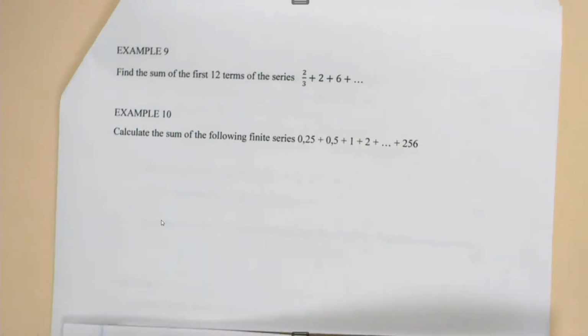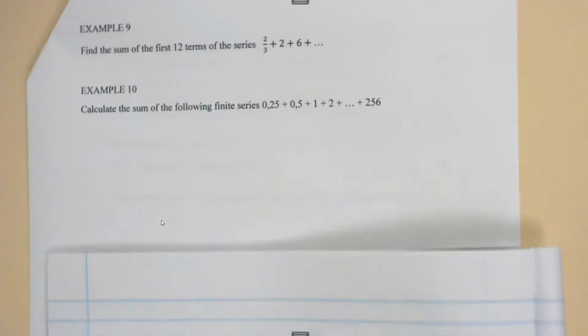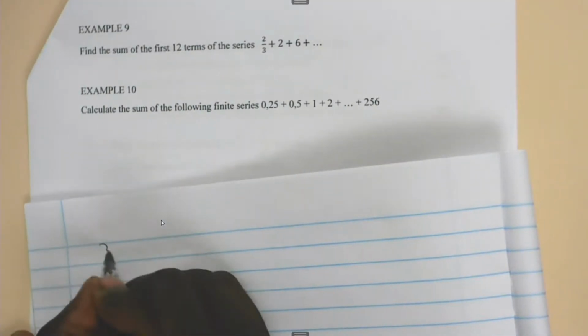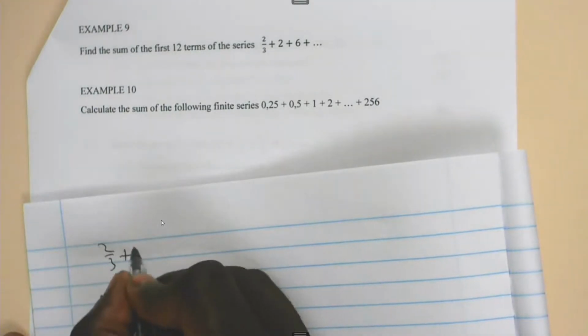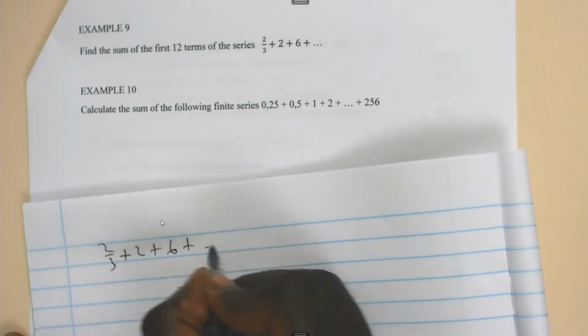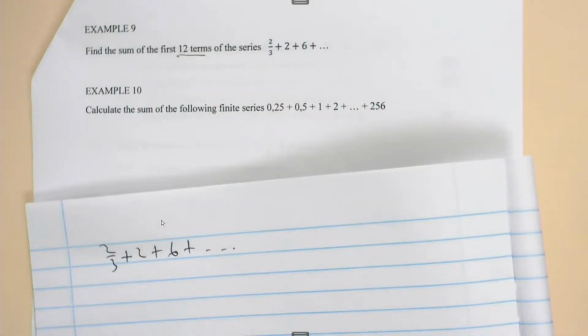Now let's have the series written here: 2 over 3, 2, 6, and then the series continues. We are requested to find the sum of the first 12 terms. What kind of series is this, arithmetic or geometric? For it to be arithmetic, it has to have a constant difference.